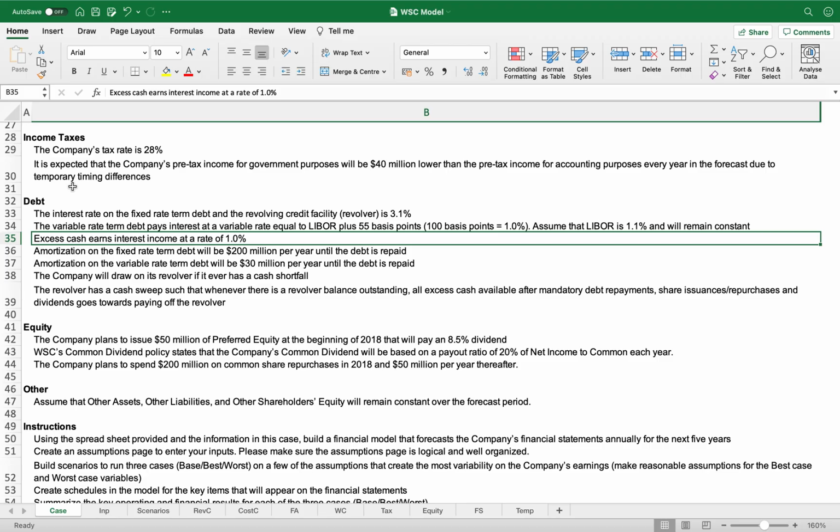So up to 10 lakh rupees I can withdraw it whenever I need it. Okay, now this is revolver. So it says the company will draw on its revolver. That means the company will take it from that limit if it ever has a cash shortfall. So whenever there is a cash shortfall, the company can take the money from the revolver facility.